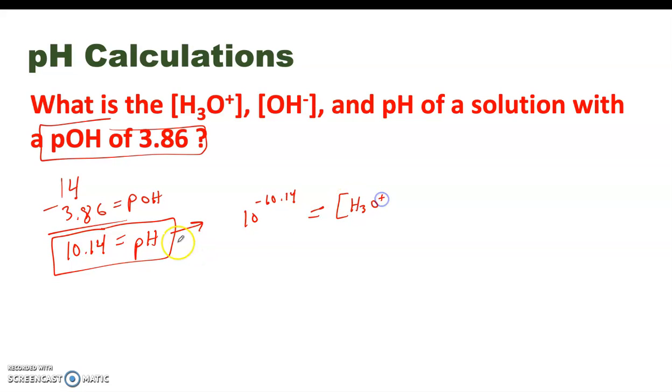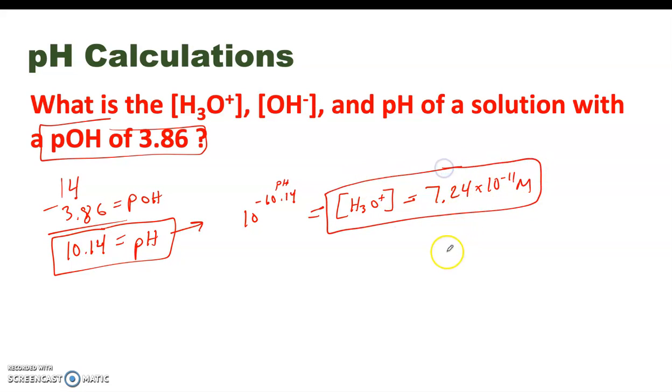And you got to keep track. This is your pH, so when you take 10 to the minus pH, that gives you your H3O plus. So 10 to the negative 10.14, and that gives me 7.24 times 10 to the minus 11 molarity. So I've got my H3O plus, my pH.